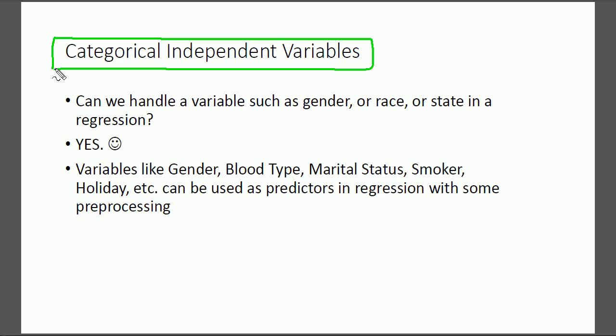Well, it turns out that we can actually use numerical variables as well as categorical variables for the independent variables, but we require some pre-processing for that. So in the final part of this sequence, I'm going to show you how to handle categorical variables.